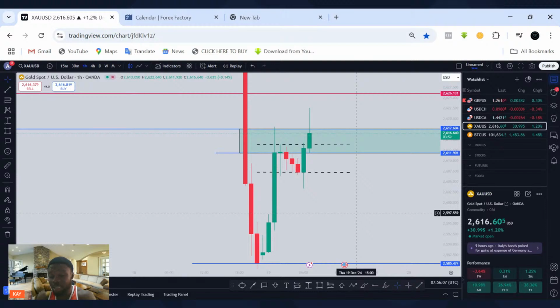And thirdly, after identifying the trend and the area of interest, the time of the day is very important. I have to make sure I'm trading at times when there is volume in the market, not at times when there is no volume. So I'm trading an active market session, which can be the London session or the New York session.